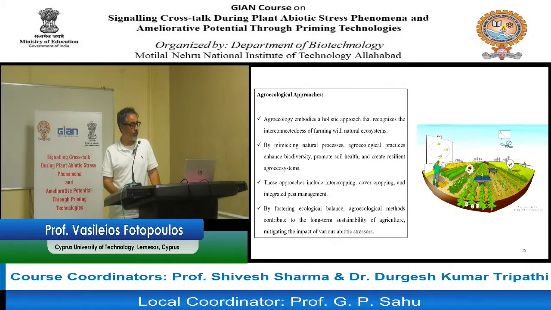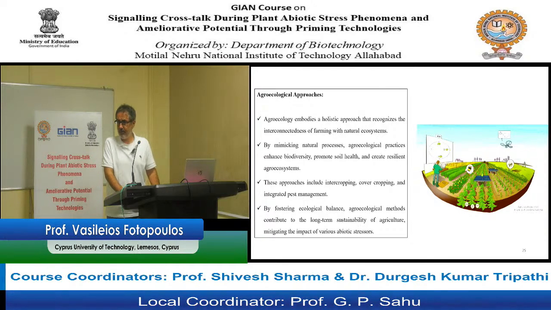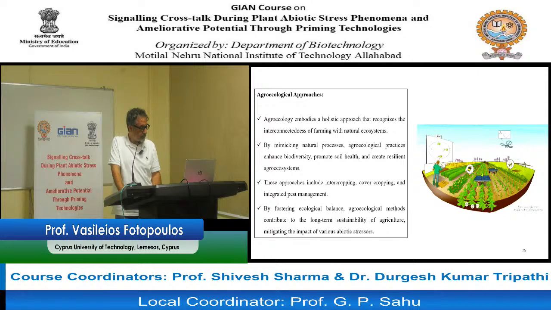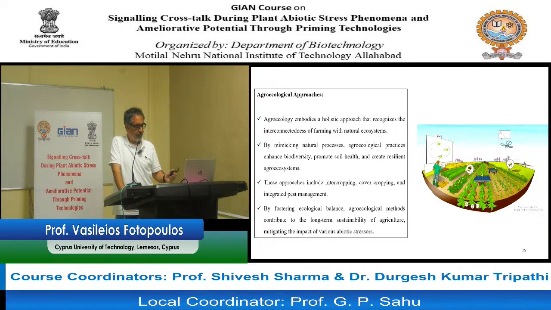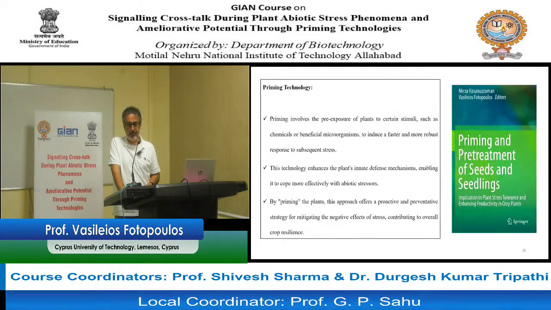These approaches include, of course, intercropping, which is becoming more and more important, and is quite heavily promoted in the EU right now. Cover cropping with, for example, leguminous crops, and of course integrated pest management practices, thus lowering agrochemical usage. And by fostering ecological balance, agroecological methods contribute to the long-term sustainability of agriculture, thus mitigating the impact of stressors.